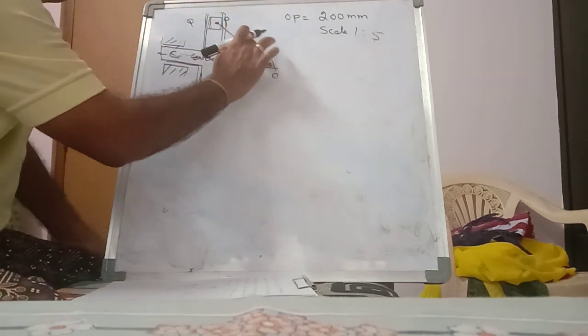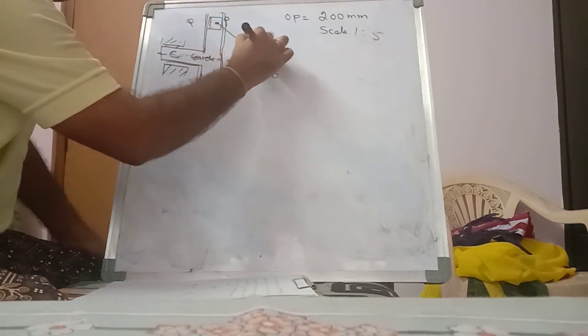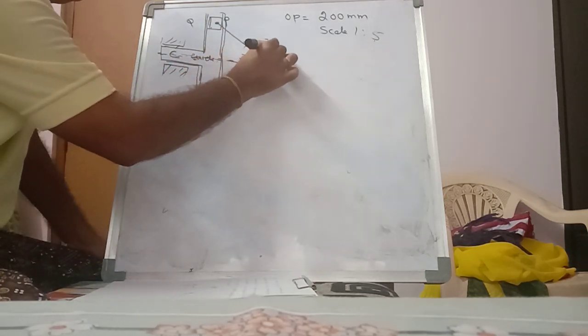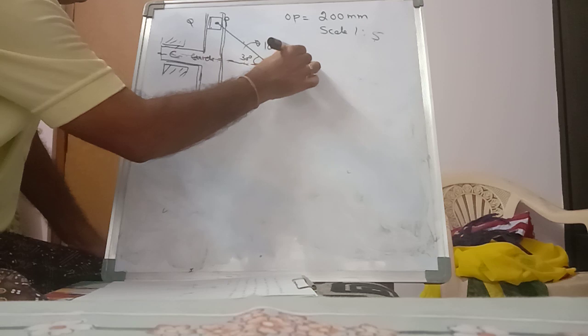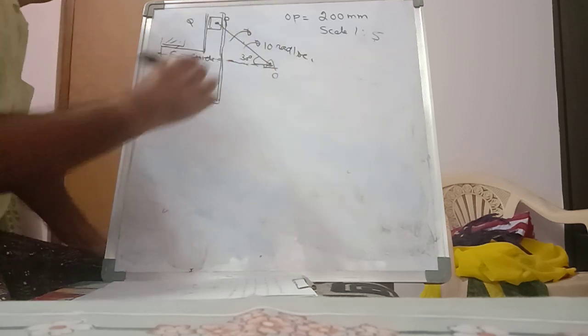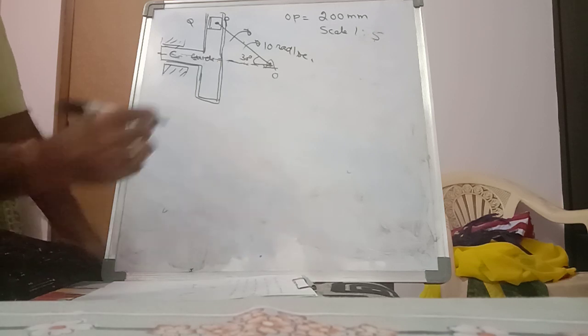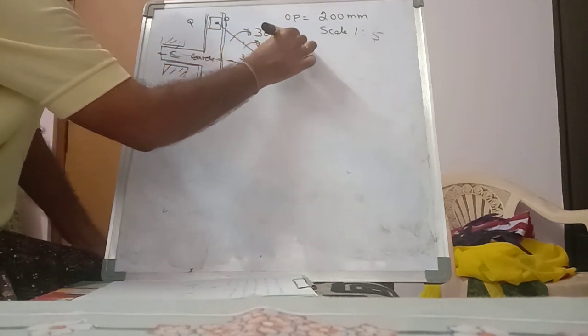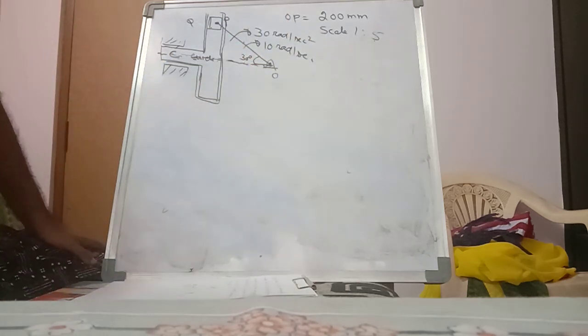It is also given that the angular velocity of the crank, or OP, is 10 radians per second. Also given is the angular acceleration, which is 30 radians per second square. That is given in the problem.